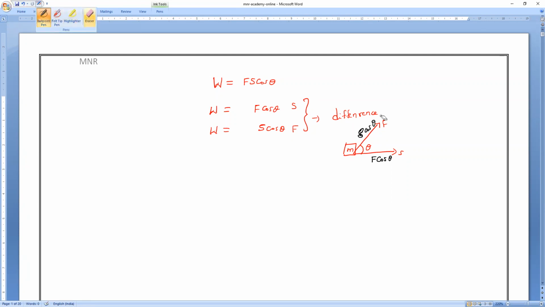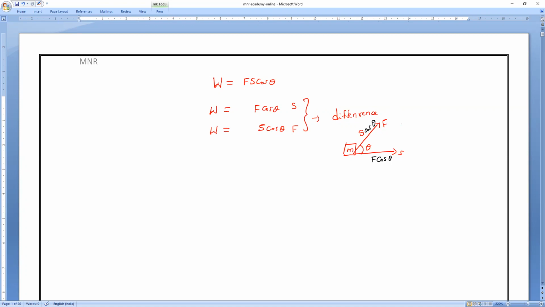Again, I'm repeating: the component of force in the direction of displacement is F cos theta, and the component of displacement in the direction of force is S cos theta. Am I right, everybody? Clear?